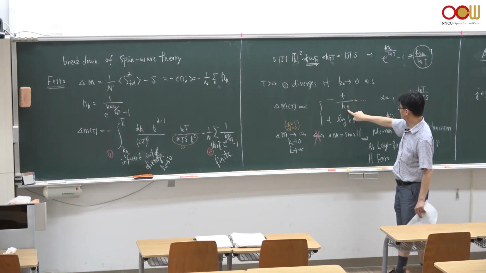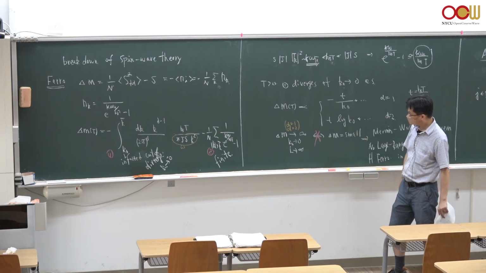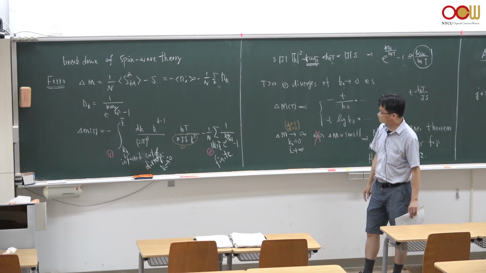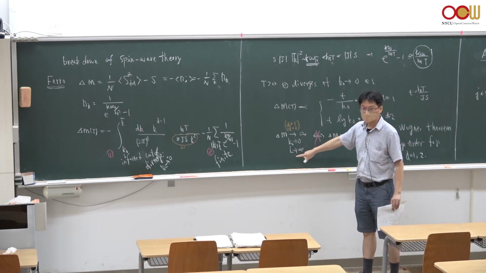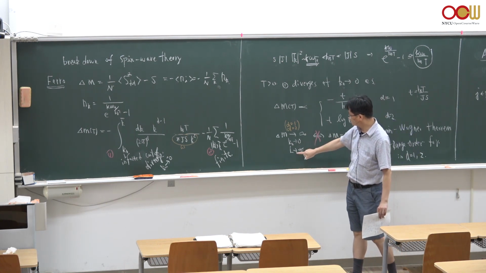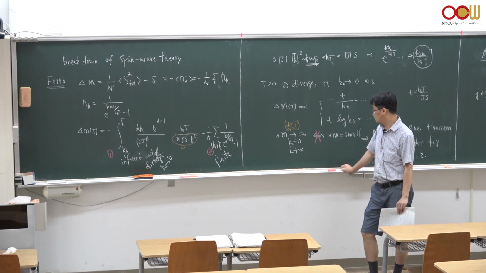t over k0. However, you know that k0 is just a small momentum cutoff, the so-called infrared cutoff, and this corresponds to the size of the system. When k0 approaches 0, this means that the size of the system approaches infinity.